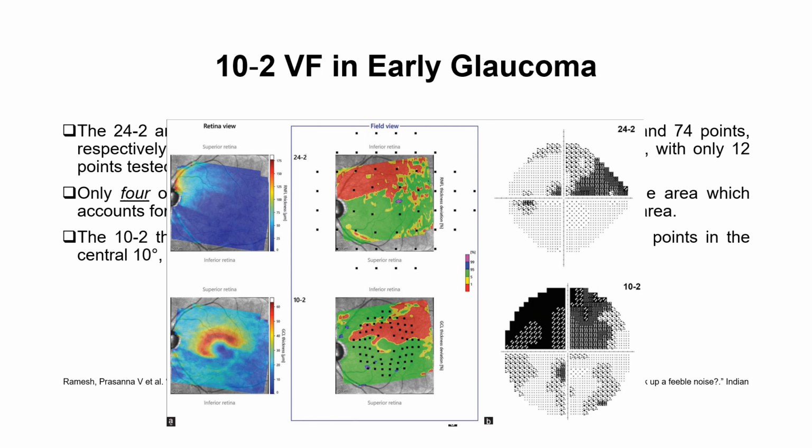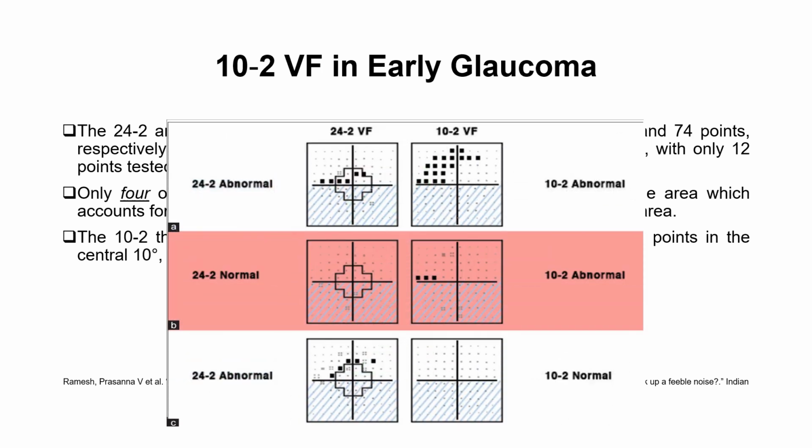However, comparing to the 10-2, where it tested more heavily the central 8 degree macular area, this is how the field is in reality. So this field is much worse than this field. So you can underestimate the field defect in 24-2 on those patients.